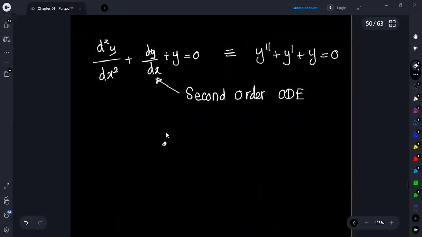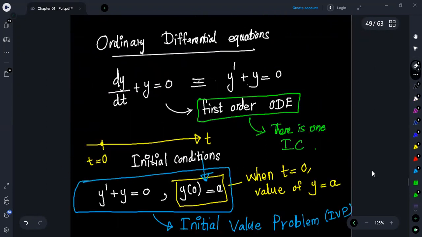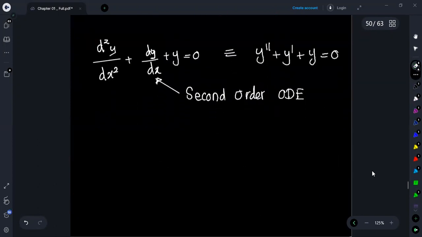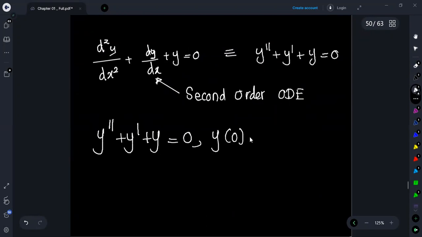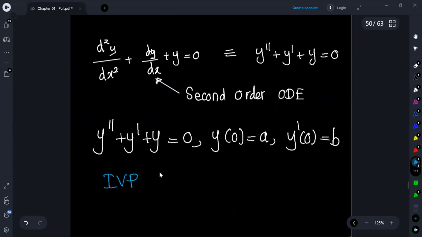Let's move to the second order ordinary differential equation. As I mentioned earlier, here also we are going to define initial conditions. If we write that ordinary differential equation, y double prime plus y prime plus y is equal to 0, comma, y(0) is equal to a and y dash (0) is equal to b, then this becomes an initial value problem.